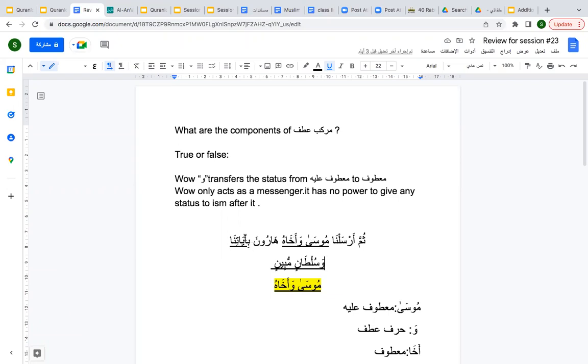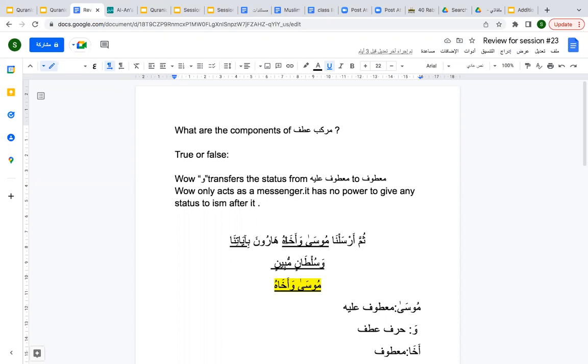Okay. Now, there was another fragment here. Who is going to tell me how many fragments we can see here? There are 2. What do you want me to repeat, Sister Ranas? My dear, because waw is transferring the status, so we know that this word must have been nasb.